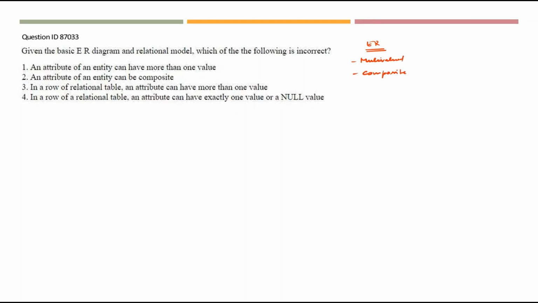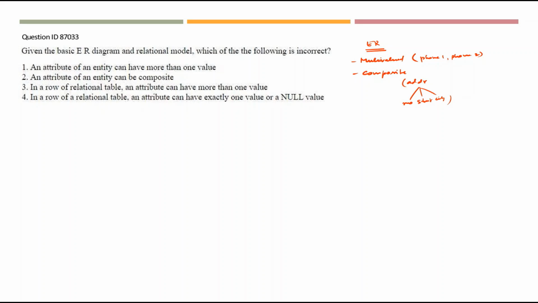Multi-valued in the sense that if there are 2 or 3 phone numbers, phone 1, phone 2, everything will be stored together. And if you take composite attributes, the example will be like address. If you take address, it will be split into 3 other fields like door number, street name and city. So this is composite, and multi-valued is a single field having multiple values.